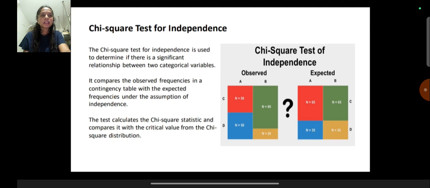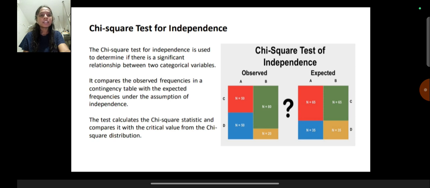You can see the example of chi-square test of independence, with observed and expected values. The chi-square test of independence is used to determine if there is a significant relationship between two categorical variables.